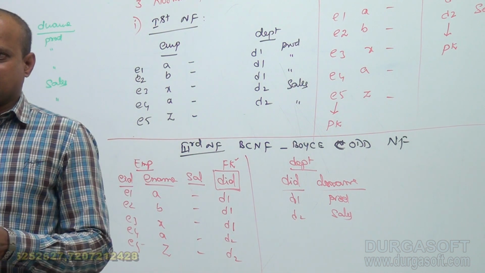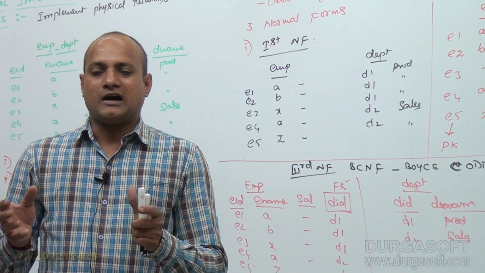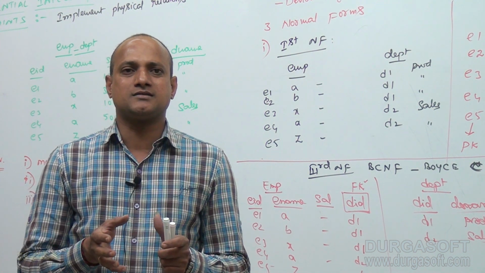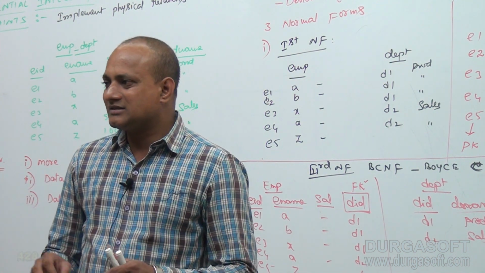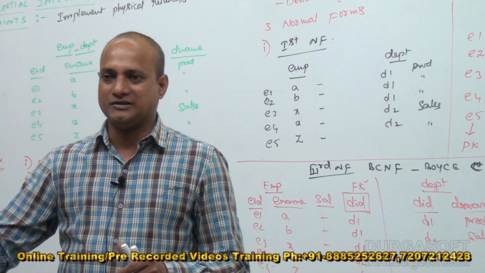One sample example. Suppose in a company 100 employees are working. Out of 100 employees, 70 employees working on project 1, 30 employees working on no project, they are on bench.